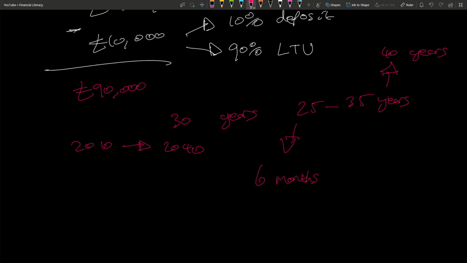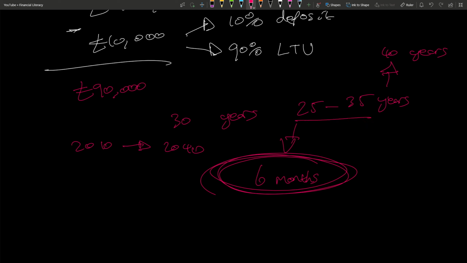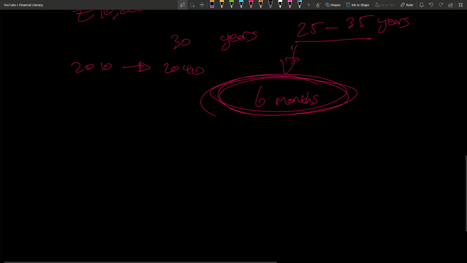But most of the time you probably won't be getting it that low, because if that's all it's going to take you to pay it off, you would just save up the amount that you need and avoid the interest. So 25 to 35 years, again, you could have a 10-year, you could have a 15-year. I guess you could have 18 years. You usually have something that's divisible by 5, but there's no particular real reason for that.